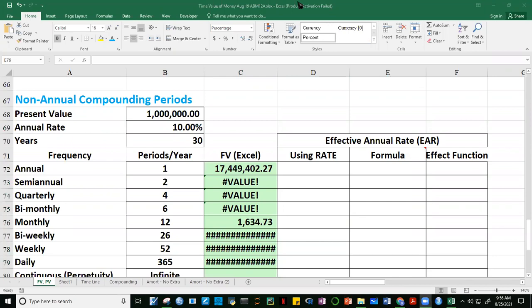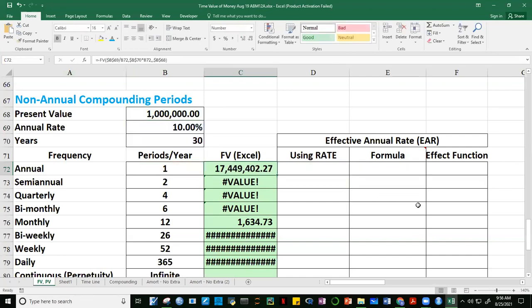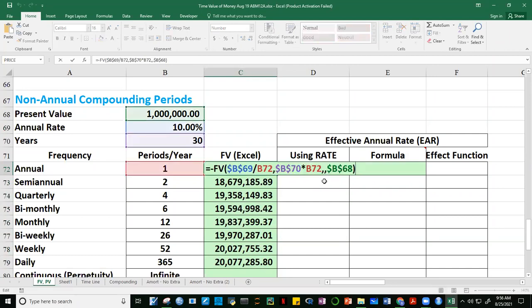Erin, let's look at Erin's, Control C. This is what Erin said. Erin, what did you do with the formula?